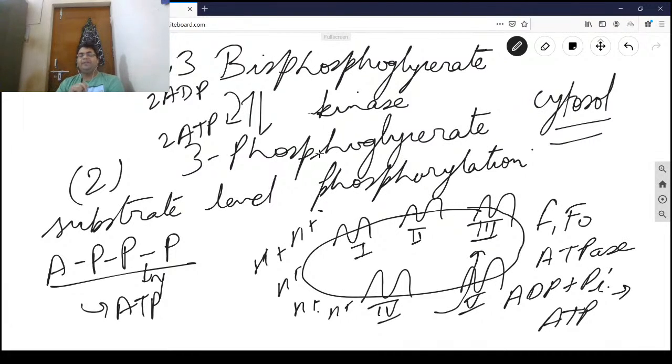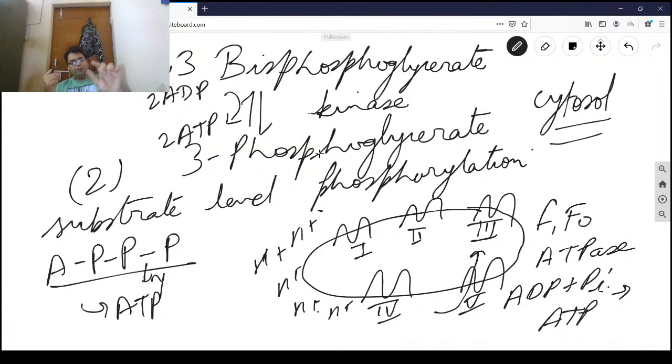Now, what does it mean? It means that the phosphorylation has happened not at the mitochondria, not as a consequence of the electrochemical gradient generated by the electron transport chain, but by the phosphoanhydride bond, or just the phosphate bond, which is a covalent bond which was attached to the first carbon of the 1,3-bisphosphoglycerate.